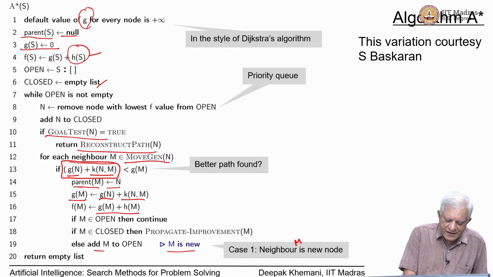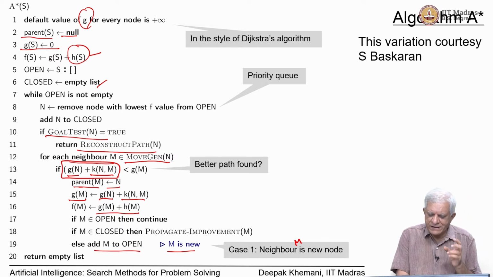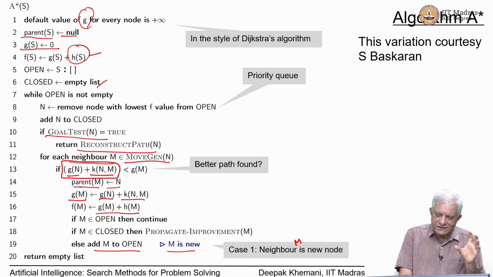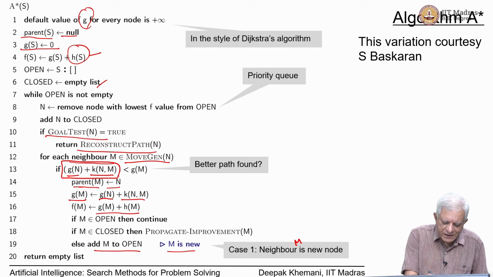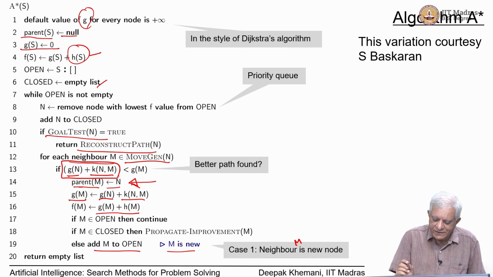Then simply we add m to open. So, we have added m to open, we know its g value, we know its h value, because the h value we know for any node, and we know who is the parent of m, which is n. That is what we have done at this place here. So, this is case 1 when we are generating a new node.